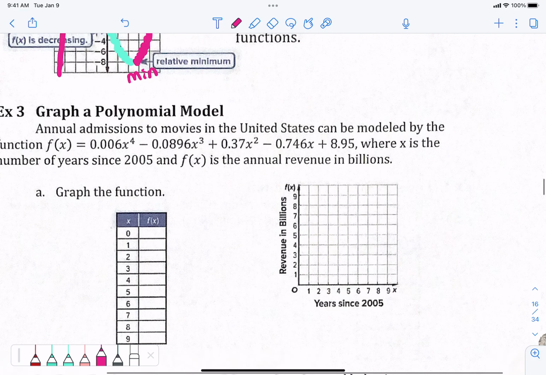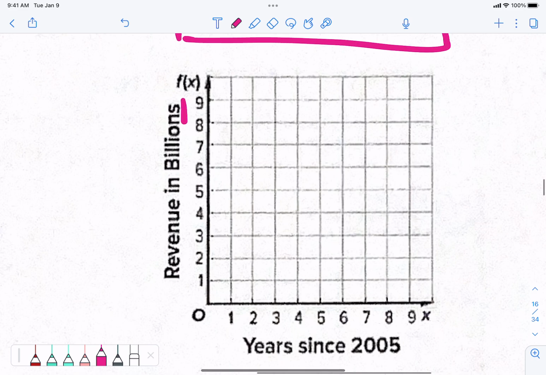This is an actual equation for movie theater tickets, and the revenue is in billions of dollars. So they have the graph labeled for us: the revenue in billions of dollars. What's revenue, by the way? Yep, money. It's the amount of money that they collected coming from tickets.